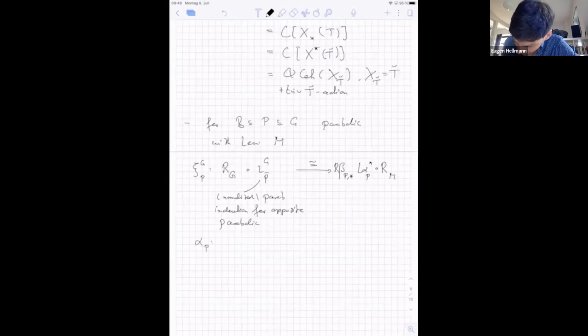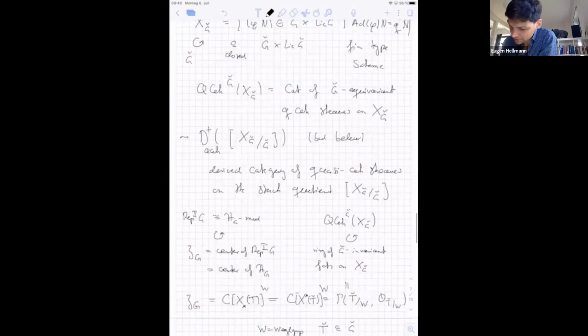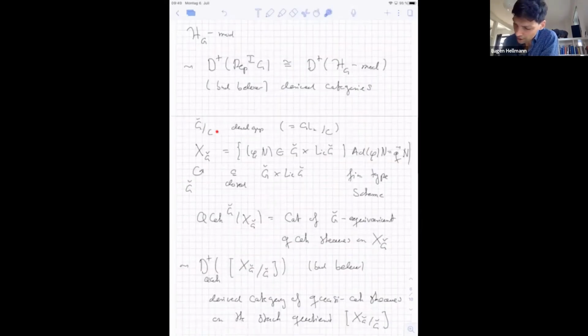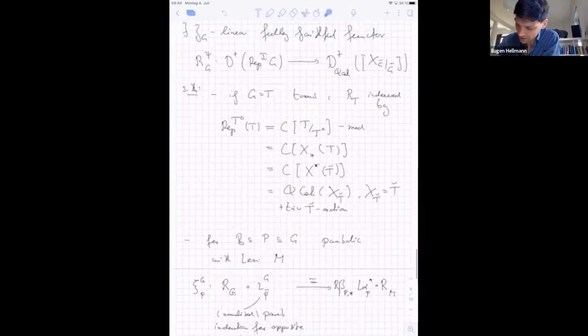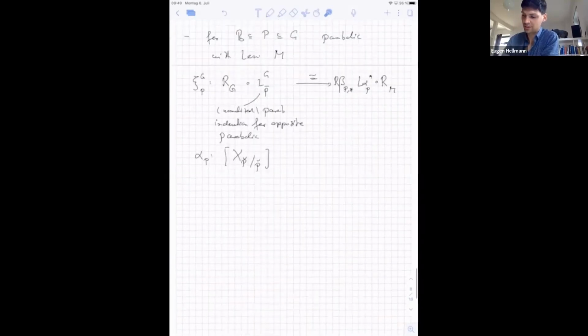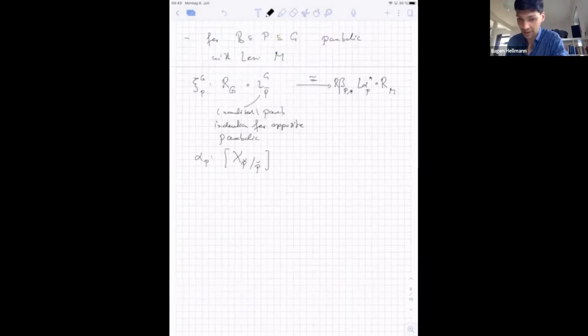So alpha P is just the map from, I introduced the stack of, the space of phi n modules up here, for the group G check, which maybe was GLN, but I guess you see that you can easily write down the very same definition for any group. So in particular, you can do it for the parabolic and the Levi as well. And that's what I mean by X P check. And then again, you divide out by the action of P check. And then you have a map to the same thing for the Levi.